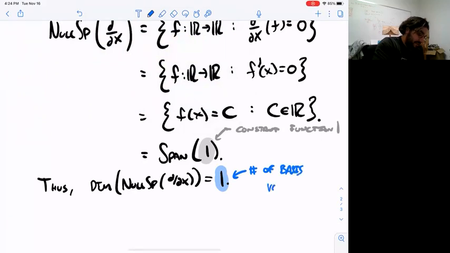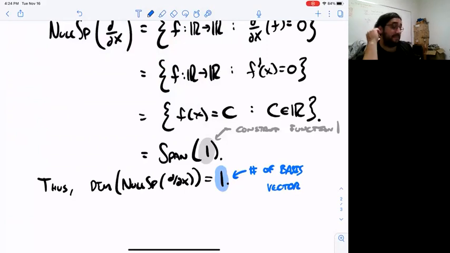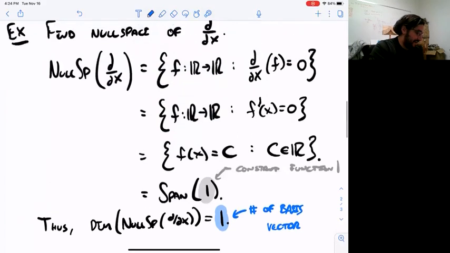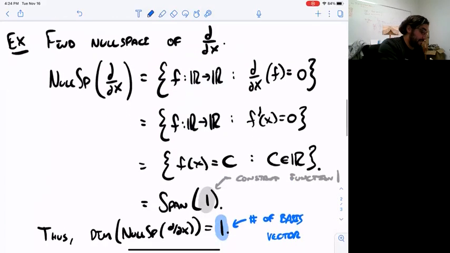The one is this later one, this blue one that I just highlighted. This is a dimension, right? So you're counting how many basis vectors. So that's the very different thing that is represented by each of those ones. So, all right, that's an example of a null space calculation.